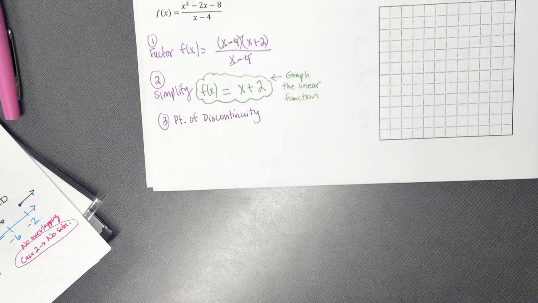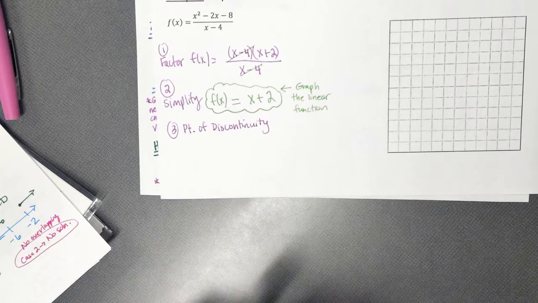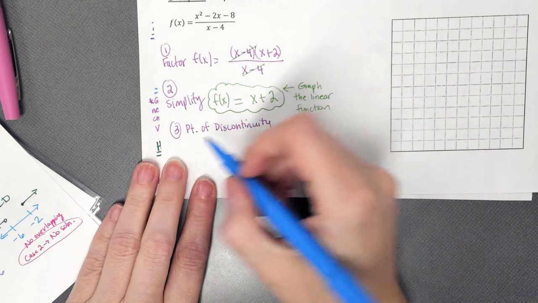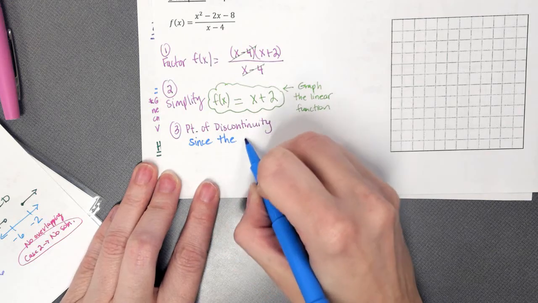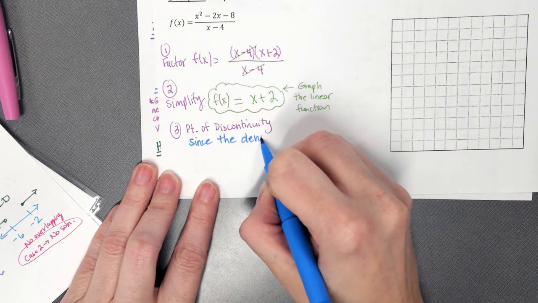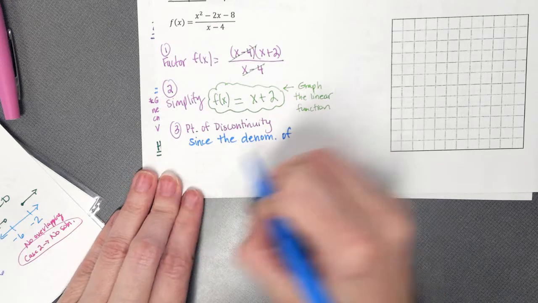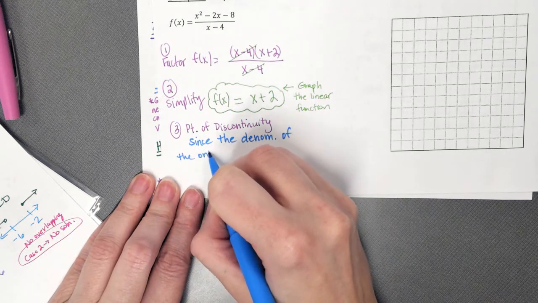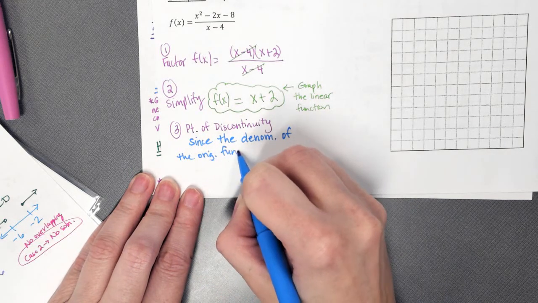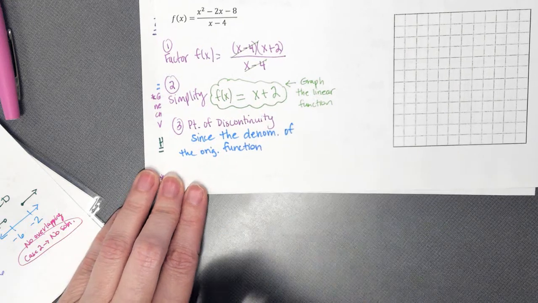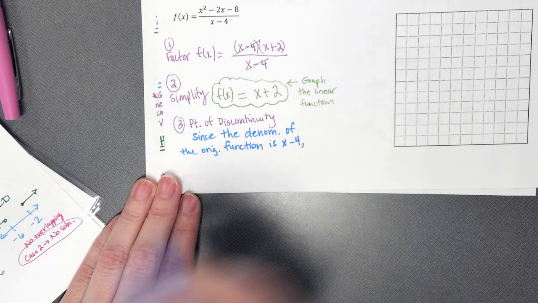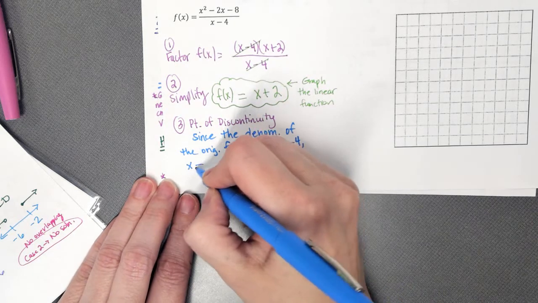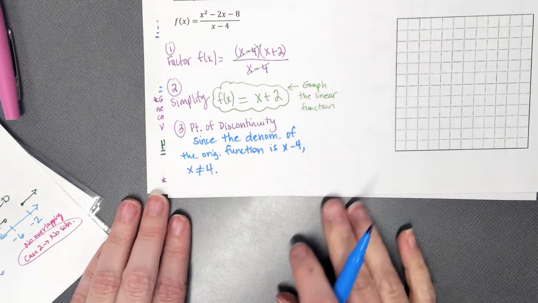Okay, so we know that the original function is not defined at what value? Yep. So since the denominator of the original function is x minus 4, x cannot equal 4.